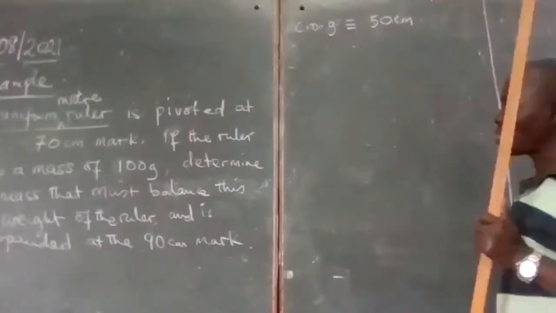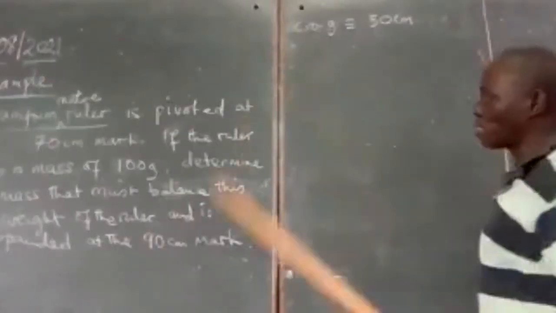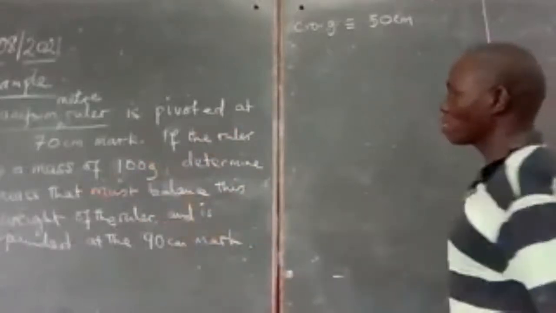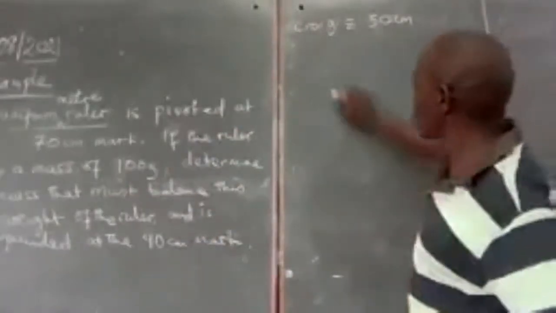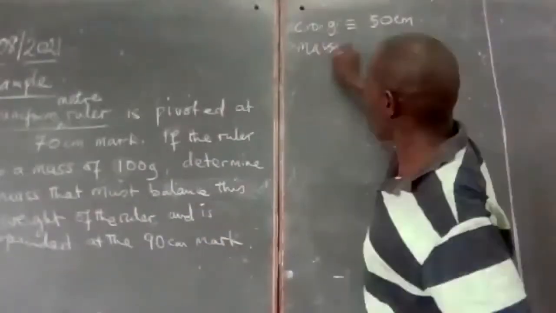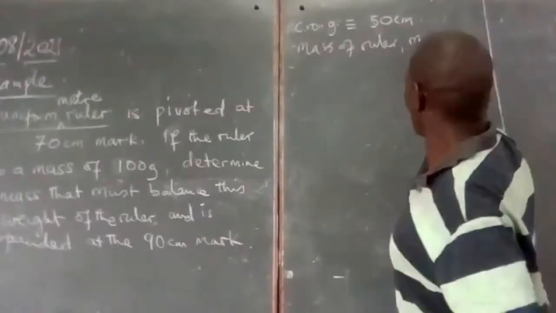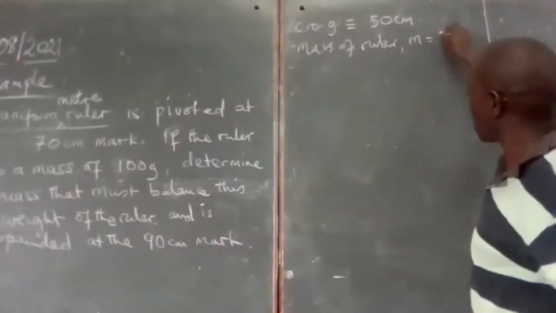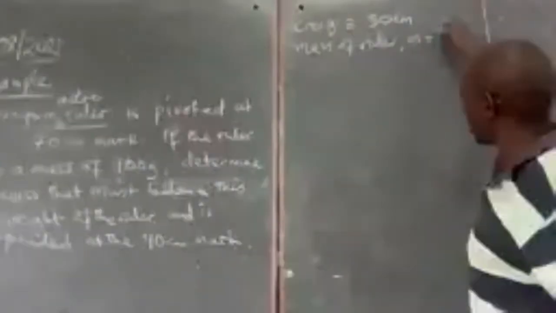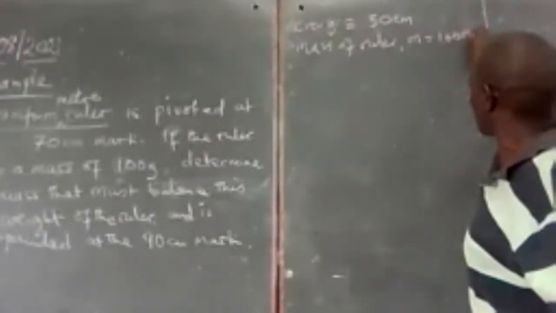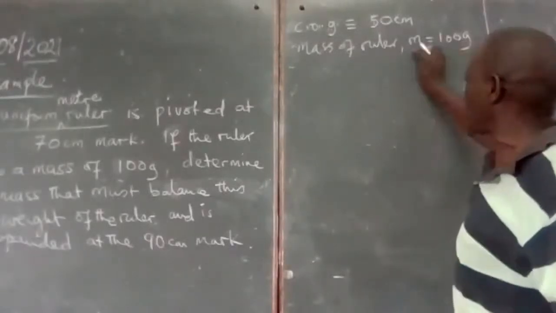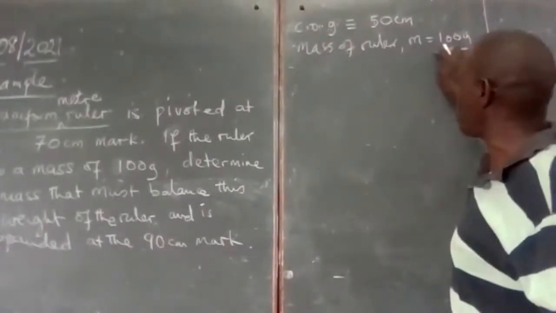They have given us some more information. What is that? If the rule has mass of 100 grams. So the mass of rule M is how many grams? 100 grams. So in most cases we need the weight, because whenever we are given mass, we are supposed to get the weight of the ruler.